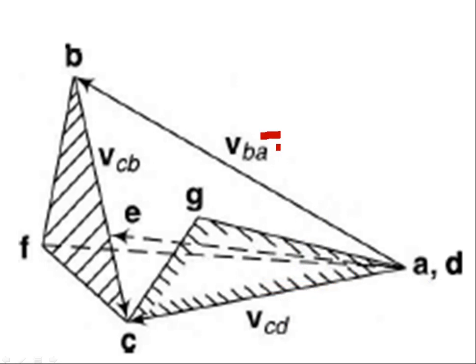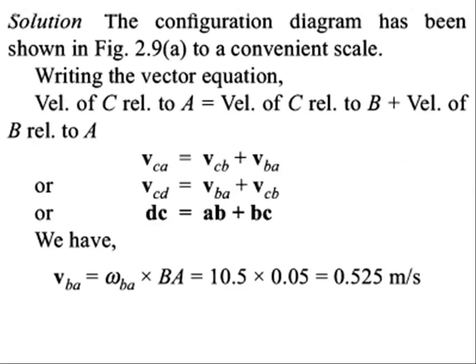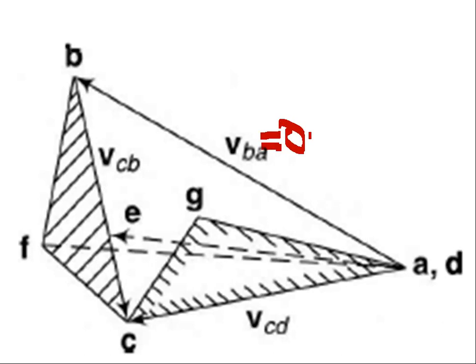So this is equal to 0.525 meter per second. You can take a suitable scale and draw a line perpendicular to link AB using this.